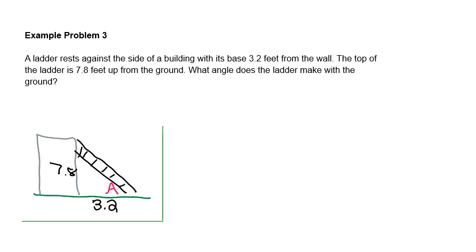Okay, let's have a look. We know that tan is opposite over adjacent, and in this case my opposite side is 7.8 and my adjacent side is 3.2. If I convert that to a decimal, I'm using 4 decimal places here. With trig, I like to use 4 decimal places when I'm working through the questions, and then at the very end, for my final answer, I can round a little bit.